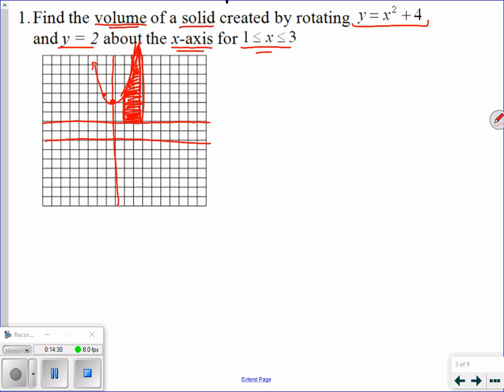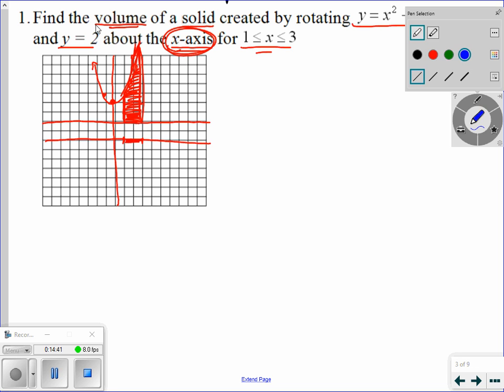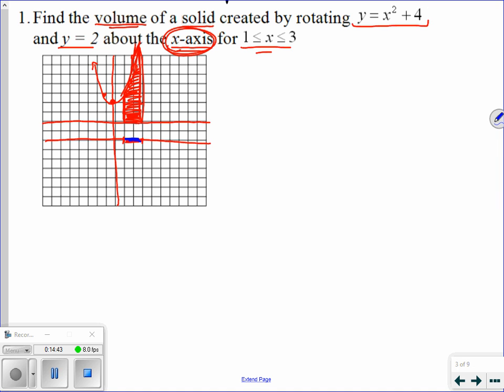Now, what's happening is it wants me to rotate this about the x-axis between 1 and 3. Here's 1 and 3 on the x-axis. So I'm going to label my line of revolution in blue here, the x-axis between 1 and 3. If there's any part of the line of revolution that is not touched by the shaded region, there's going to be a gap in the volume.